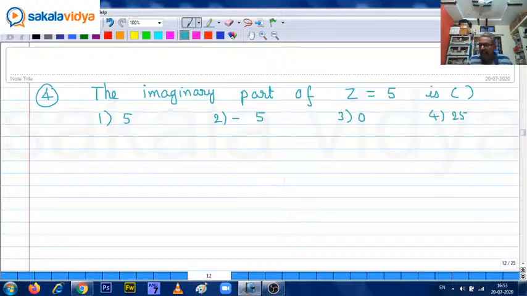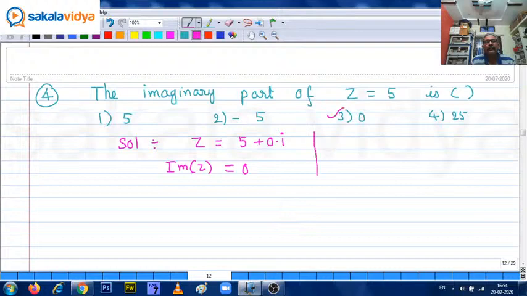Right. What is the imaginary part of z is equal to 5? Here see, z equals, we can write 5 plus 0 multiplied by i. Therefore, imaginary part of z is equal to 0. So, third option.